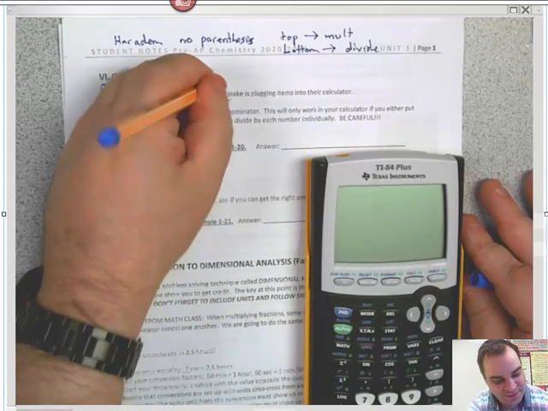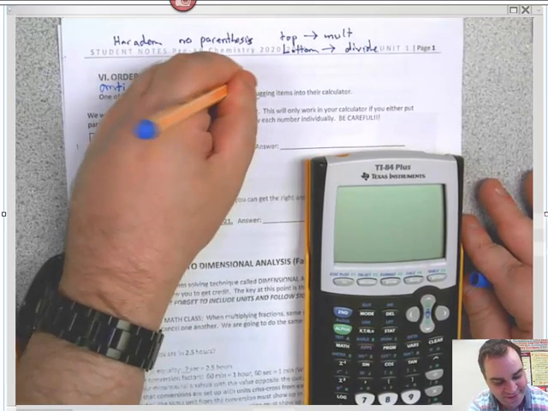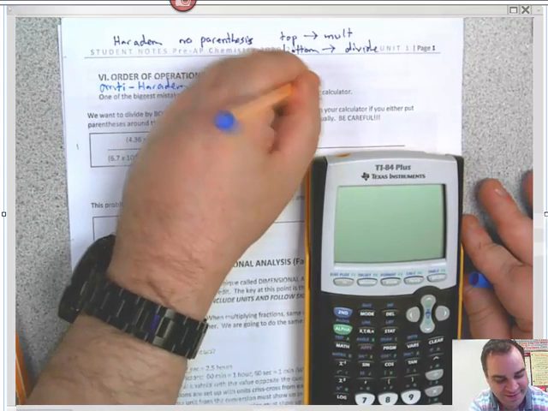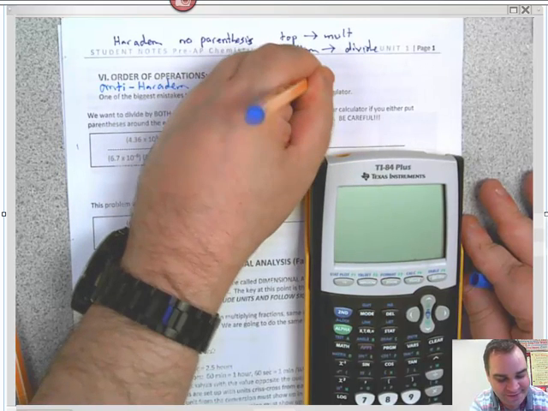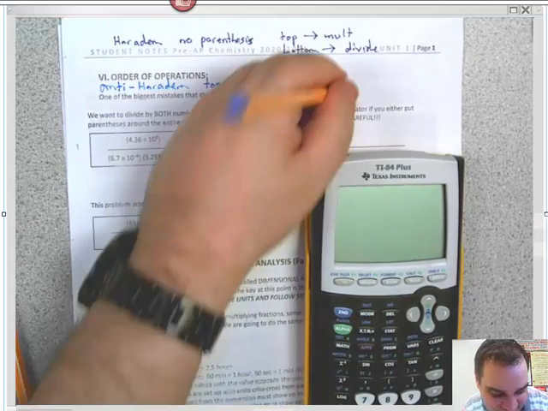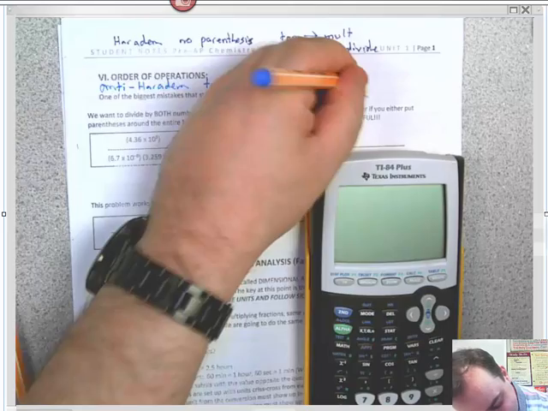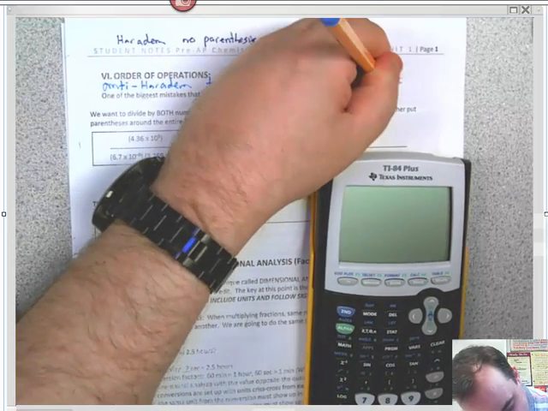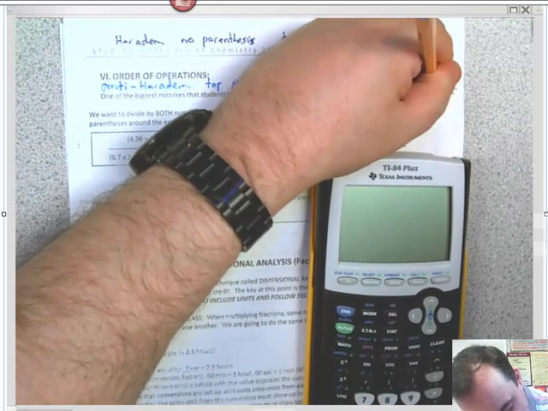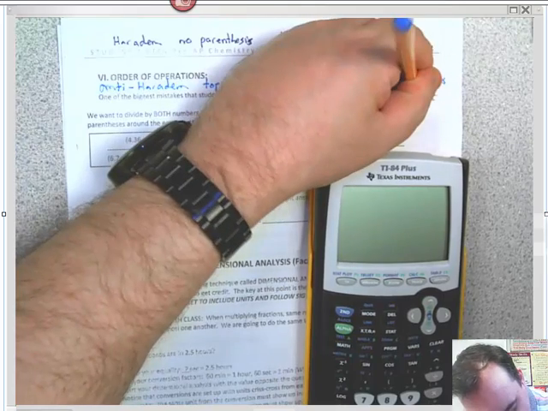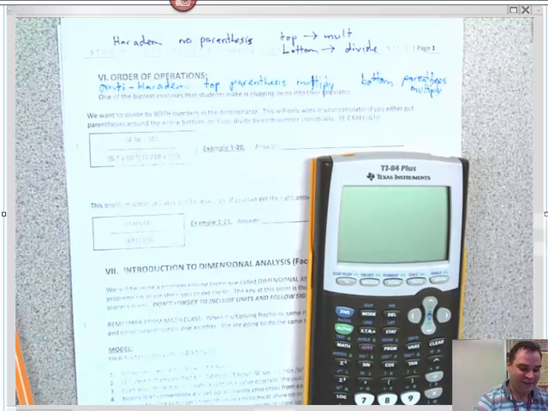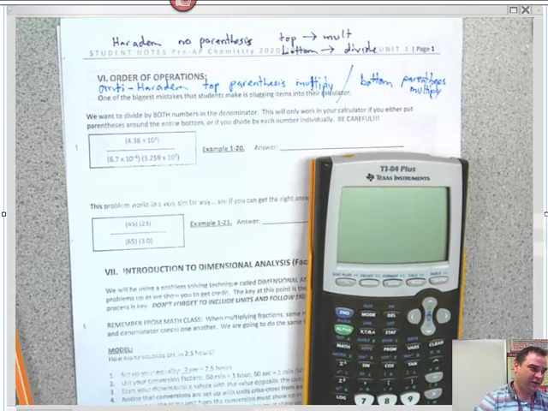They do top parentheses multiply, bottom parentheses multiply, and then they put a big divide between them.